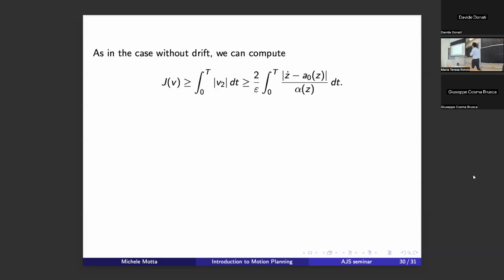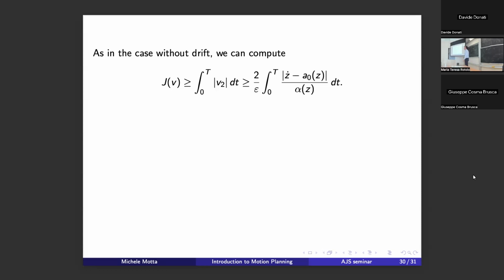And now, if you try to do the same computation as before, you want to find the lower bound for the norm of the control. You can consider just the second component, and if you use the equation, you can write the second control in this way. So you notice here that now we also have this part.